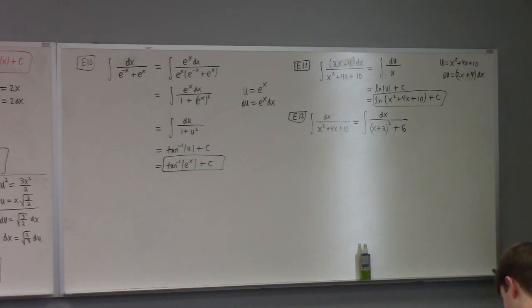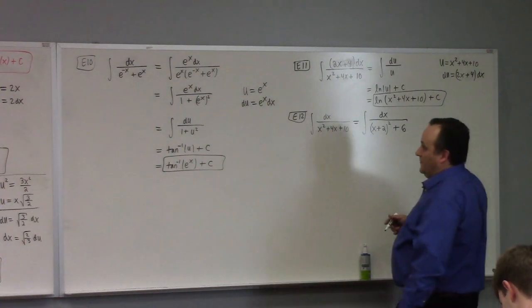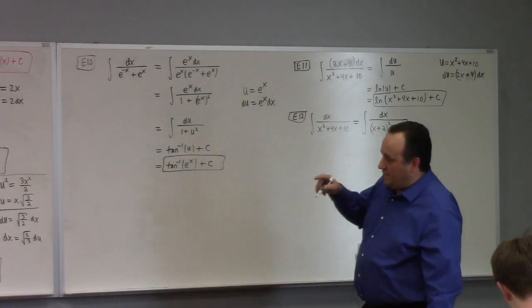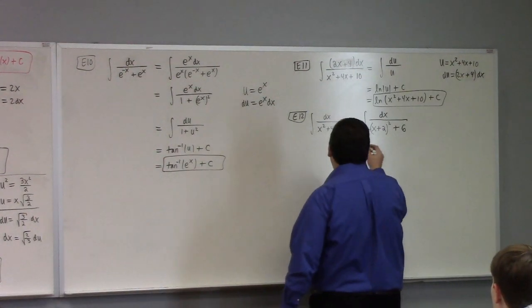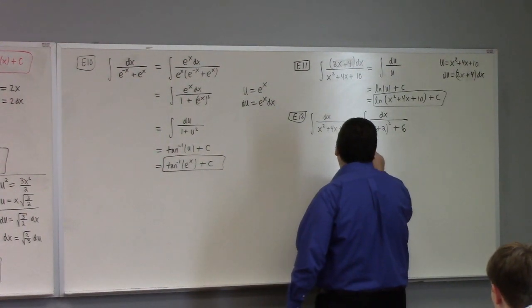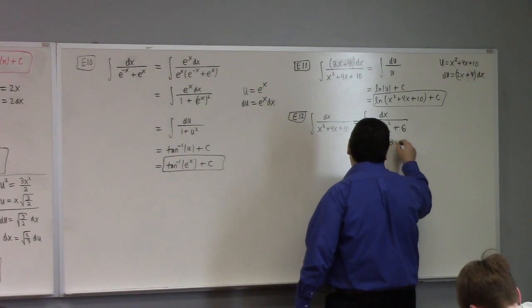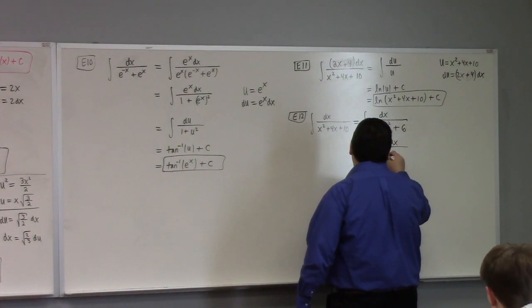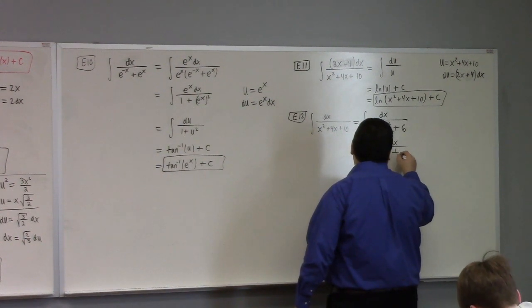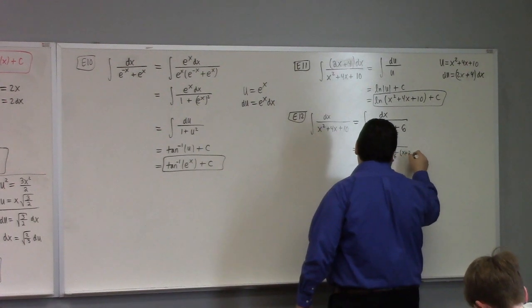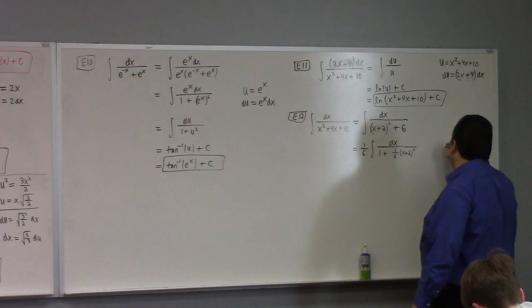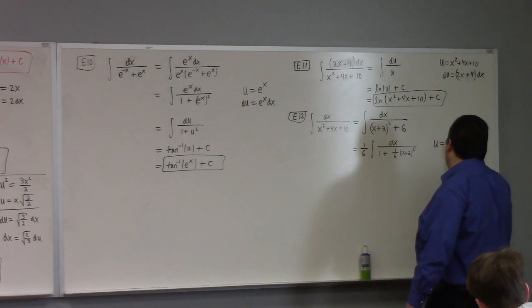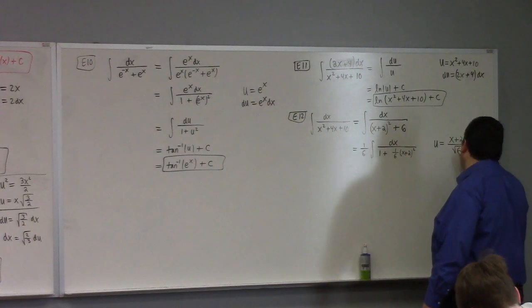Now that kind of looks like an inverse tangent integral, but there's that pesky 6 there, isn't there? So we need to factor that out. So now we're kind of doing what we did in example 9. We're going to factor the 6 out. 1/6 integral dx over 1 plus 1/6 times x plus 2 squared. And then we're going to let u equal x plus 2 divided by the square root of 6.